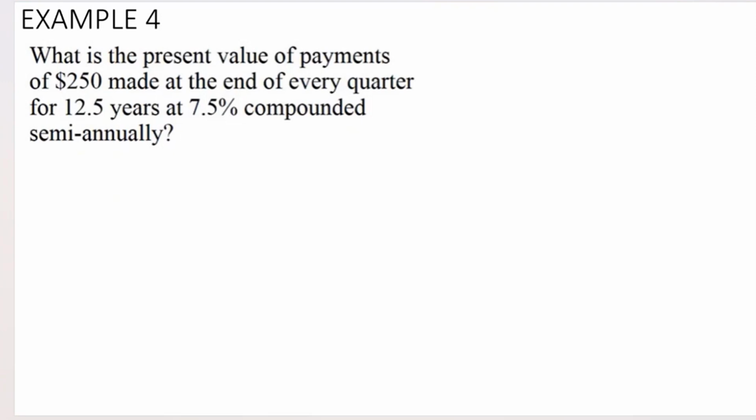Remember, there are different kinds of annuities. You've got the deferred annuity, the annuity due, and the ordinary annuity. The ordinary annuity is the one where payments are made at the end of the period, maybe monthly or quarterly: end of the month, end of the quarter, end of the year, depending on the time.